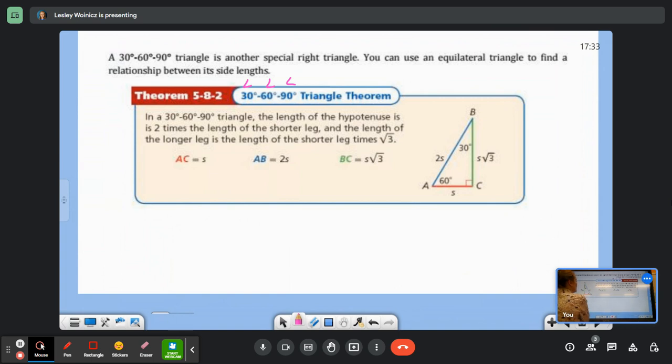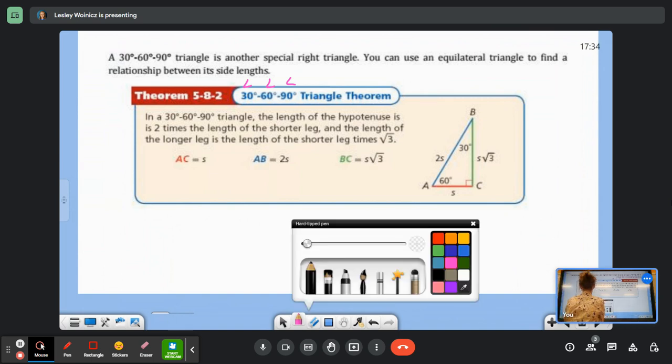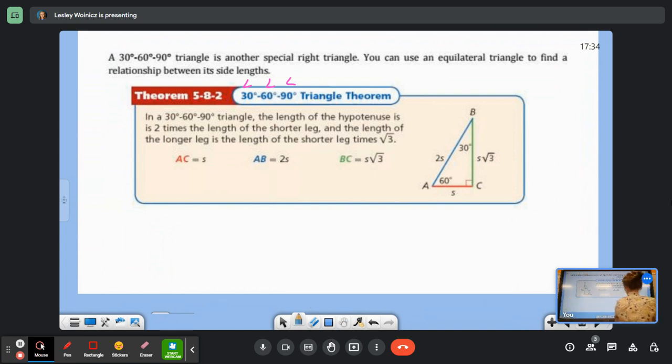So let's say I have a beautiful right triangle, and one of its little angles is 30 degrees. Another one is 60, and obviously it's a right triangle, so the last one is 90.